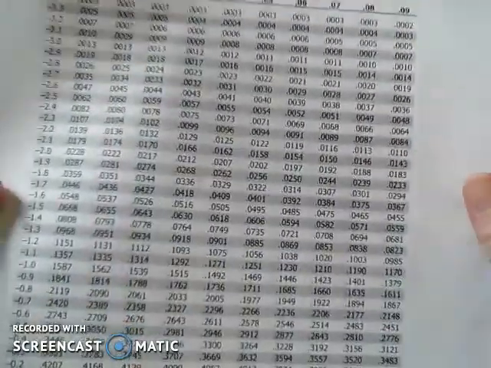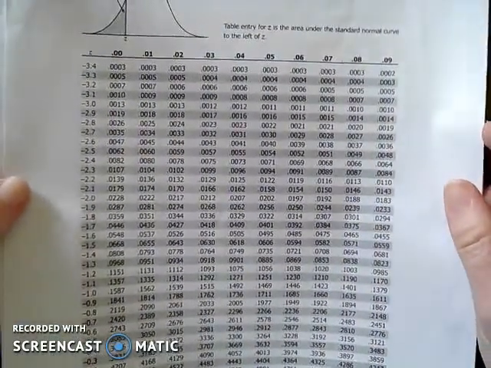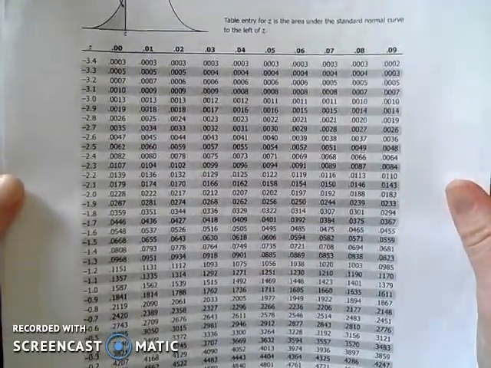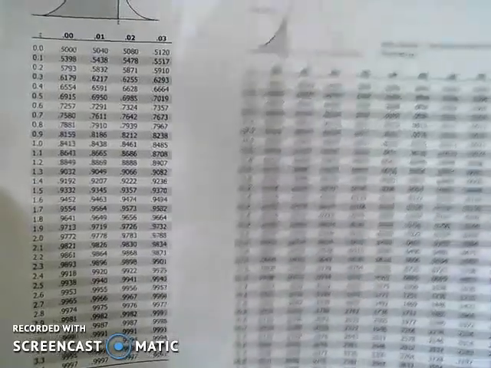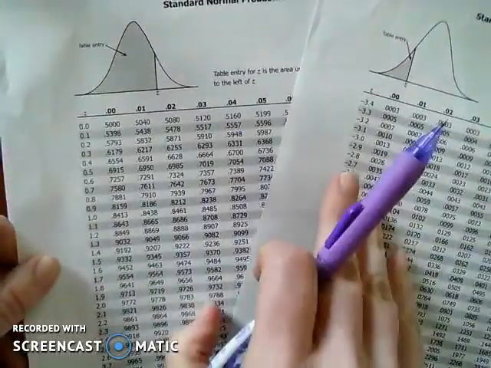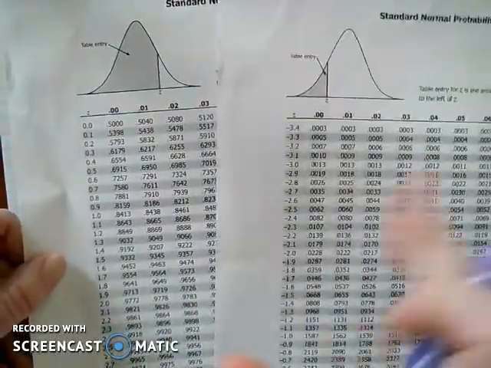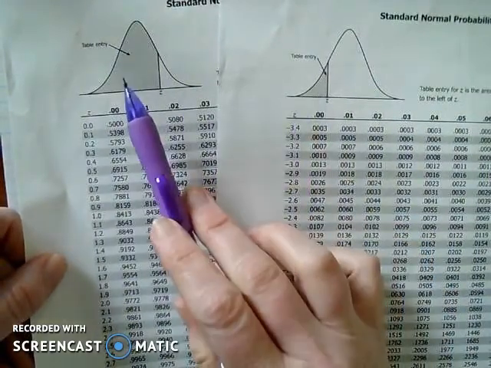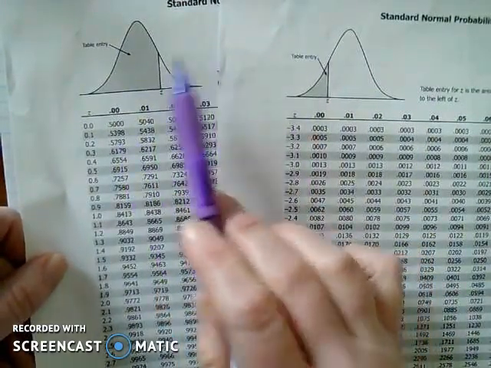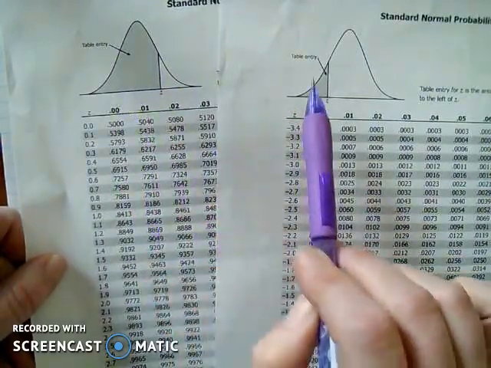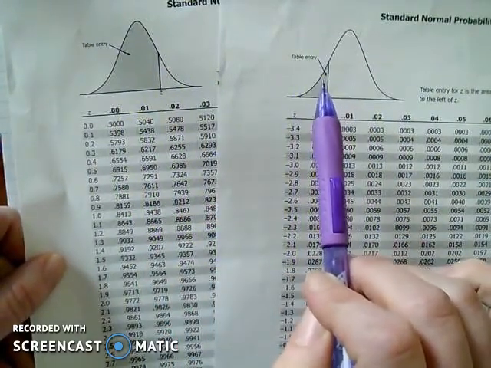This will be on Canvas in the file, so you're going to need to print this off. It'll be 2 sheets. If you can try to print it front and back, that would be easier. What you can see is when you look up a z-score, it gives you the amount that's shaded, and they give it to you as a decimal because this whole curve has an area of 1 or 100%.